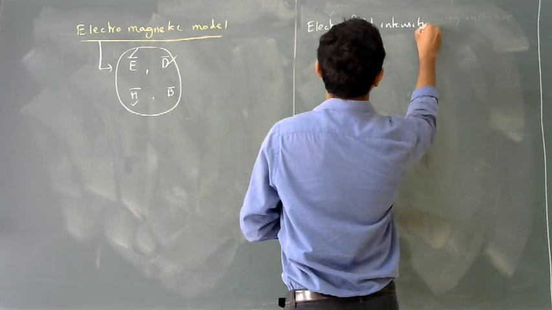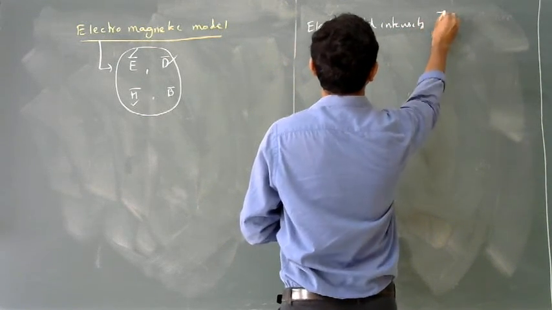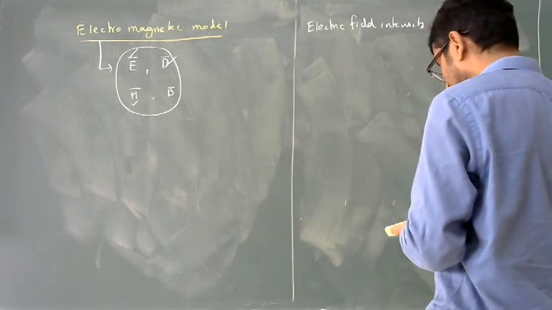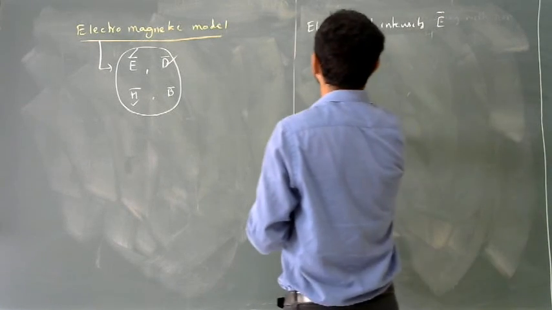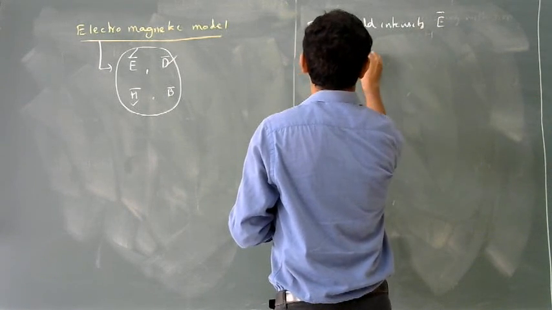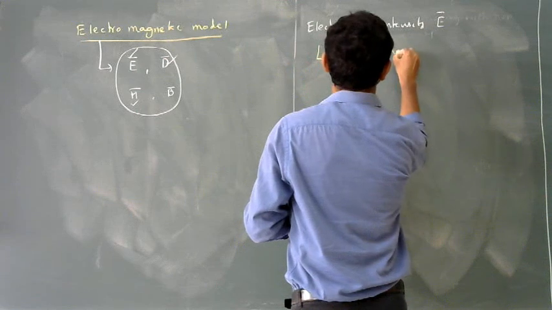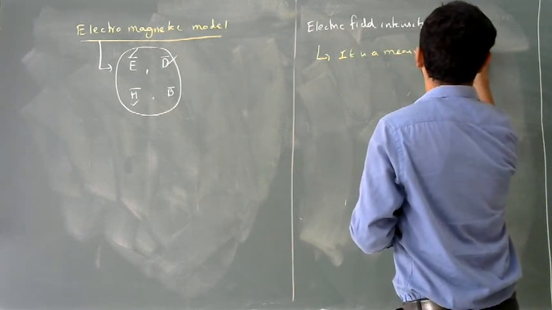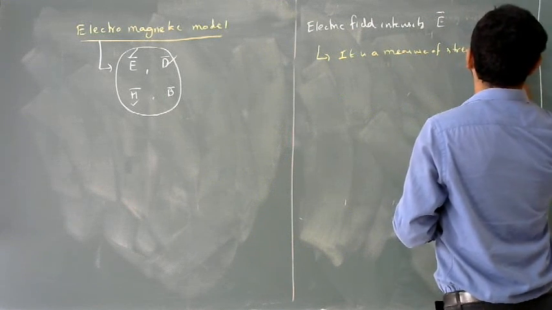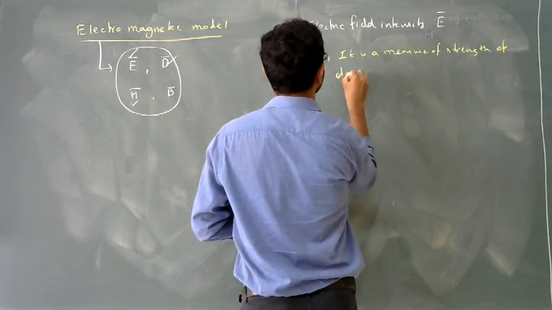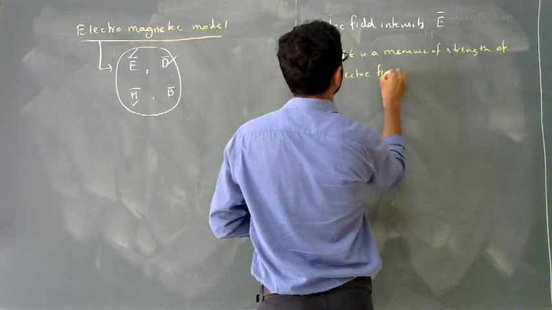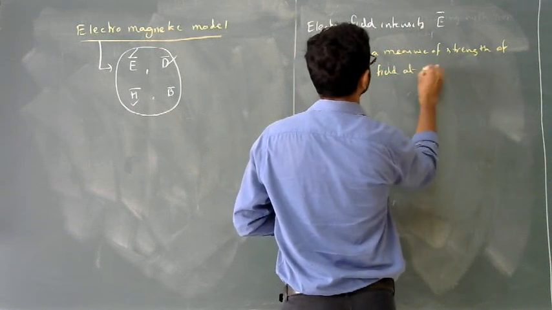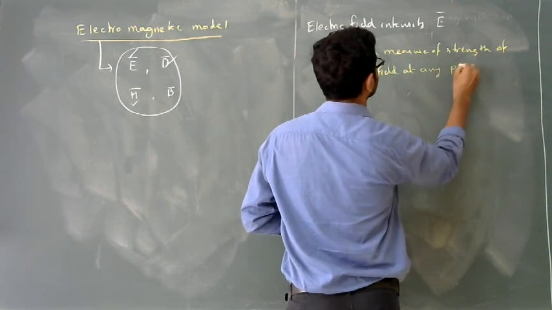It is a vector quantity denoted by the letter E bar. It is a measure of the strength of the electric field at any point.